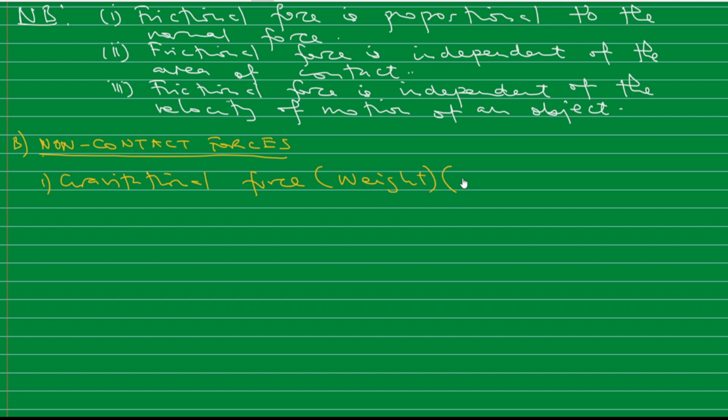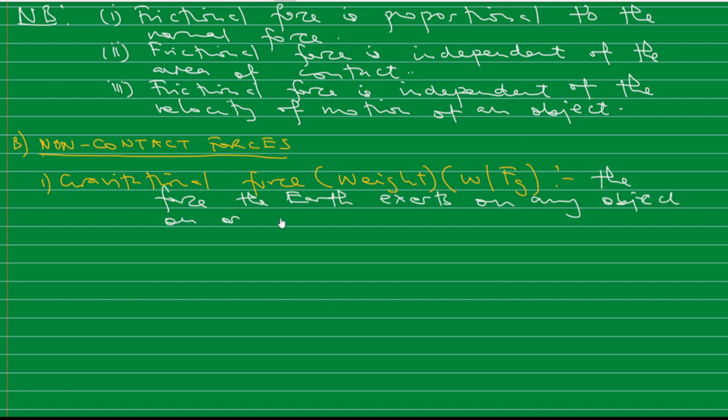So we use the symbols W or Fg for the gravitational force. This is the force that we always experience, all of us here on Earth. It is the force that the Earth exerts on any object on or near its surface.